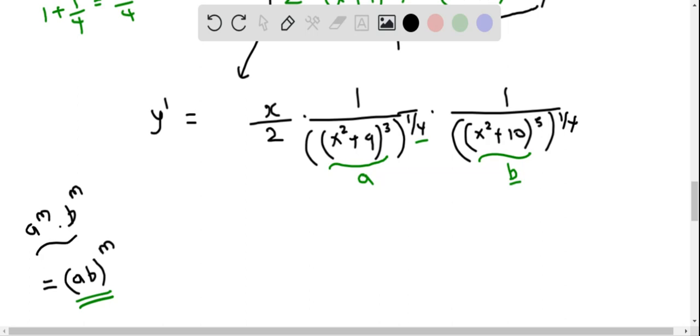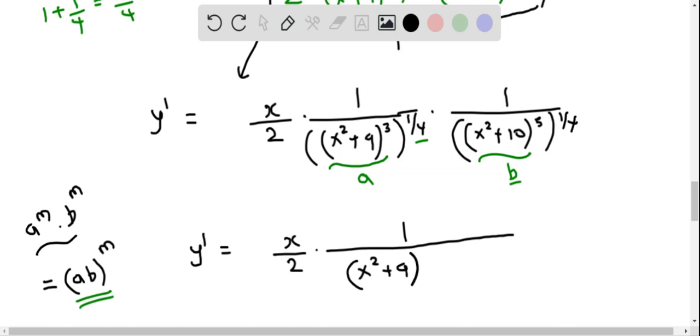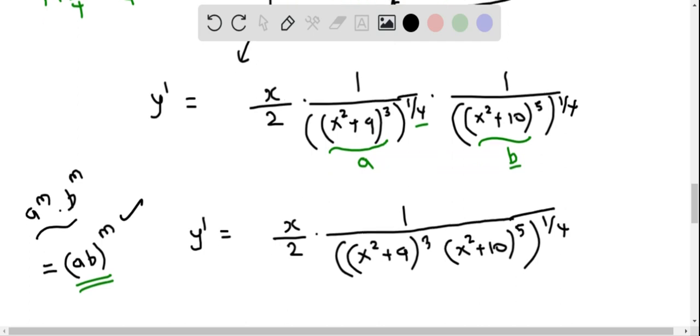So I'm going to write down y prime, and this equals x by 2. We will combine this as a single denominator. So it becomes (x squared plus 9) raised to the power of 3 times (x squared plus 10) raised to the power of 5, and this is completely raised to the power of 1/4 as I used this rule.